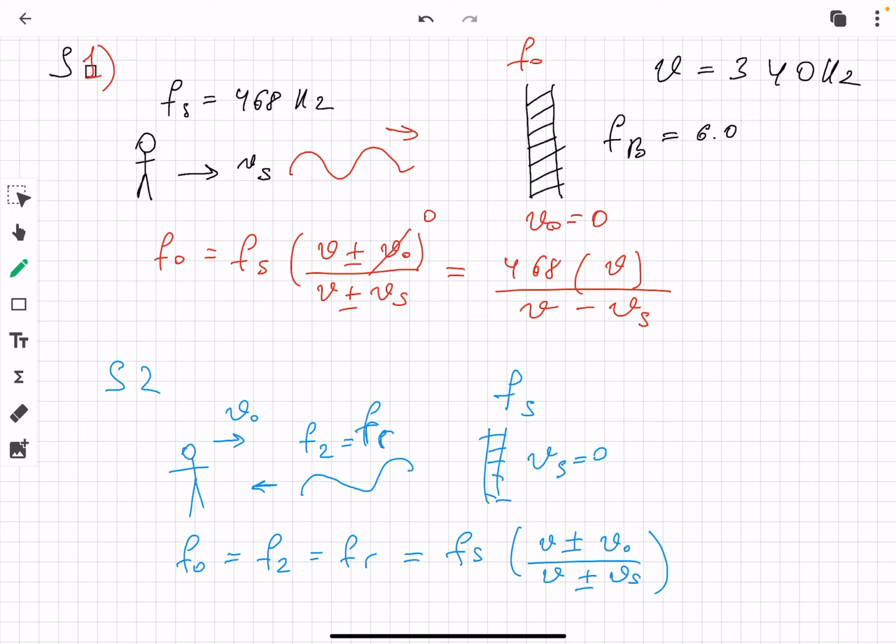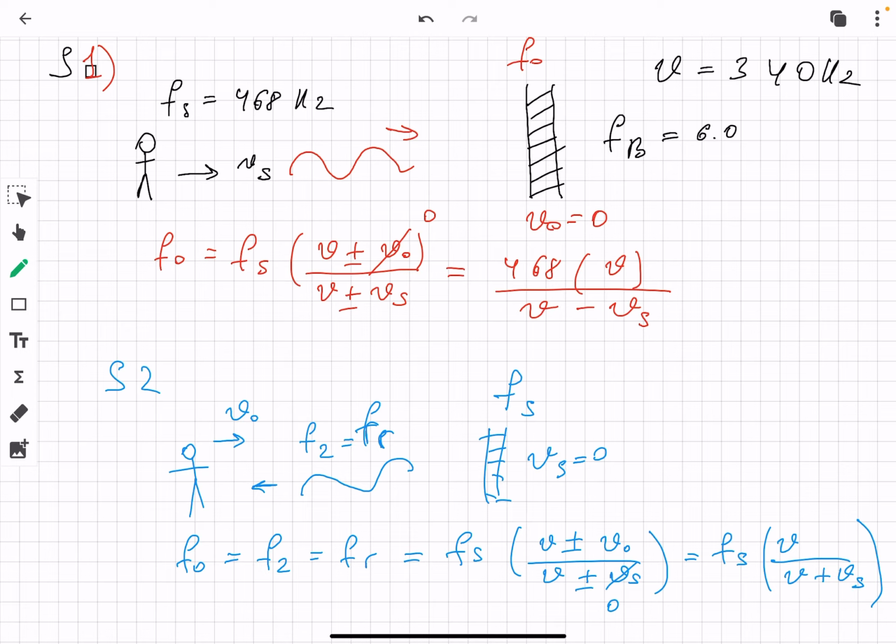Since the source is stationary, V source is 0, so the denominator is V. And the observer is moving towards the source, so that means V plus V observer. The observer in our case is the speed of the person.